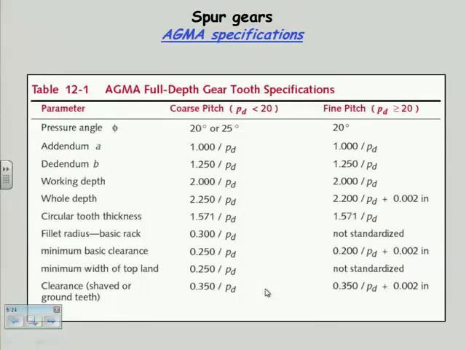So this is a set of specifications that is put together by the AGMA, which stands for the American Gear Manufacturers Association. A huge organization, and it's funded by the gear manufacturers.